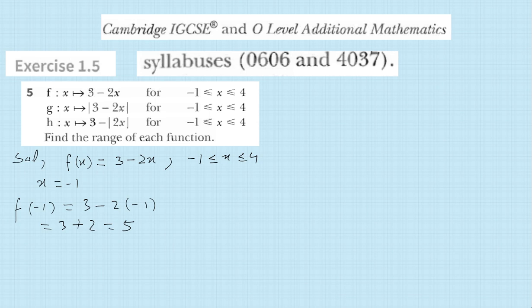Now take x = 4. So f(x) = 3 - 2 into x. What is x? 4. 3 minus 2 fours is 8, 3 minus 8 is minus 5.